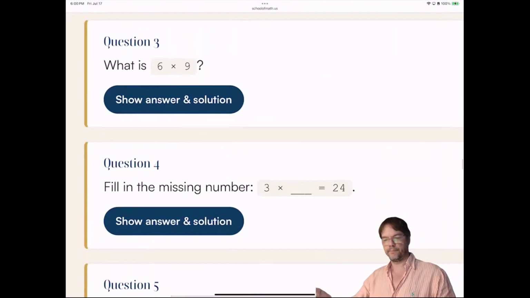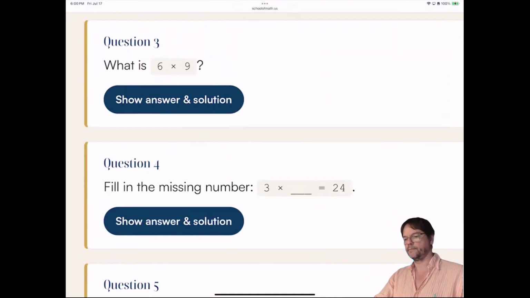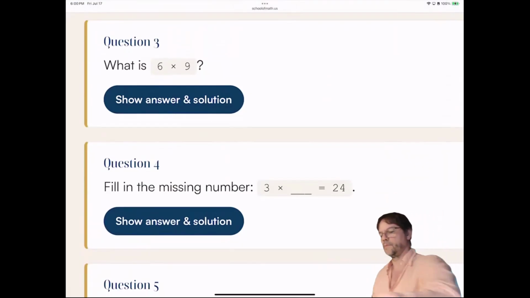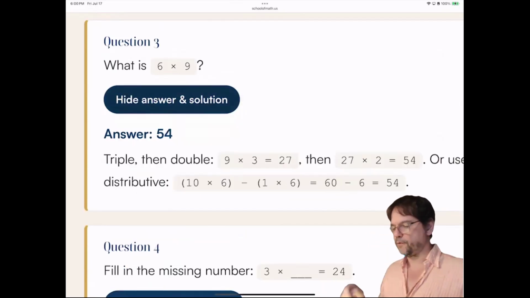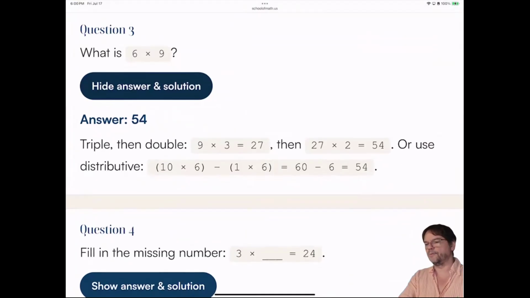Question 3. 54. Okay? You have many ways to do that.